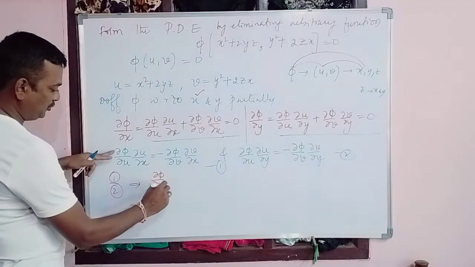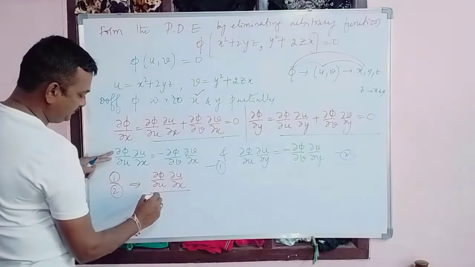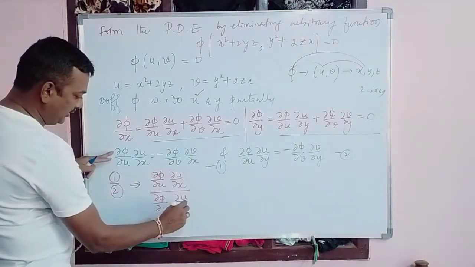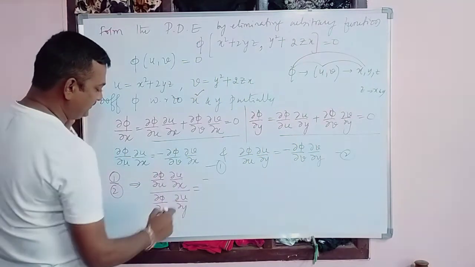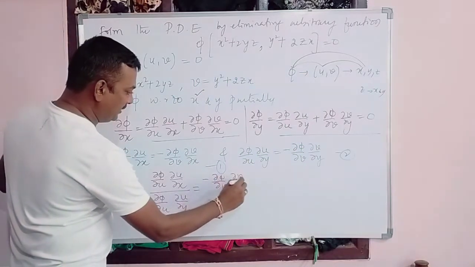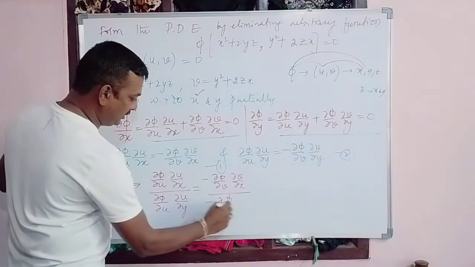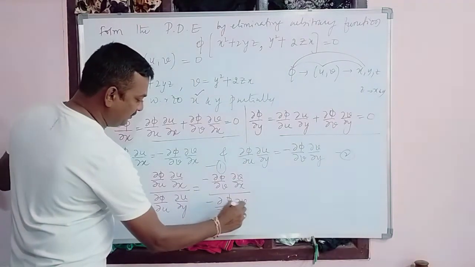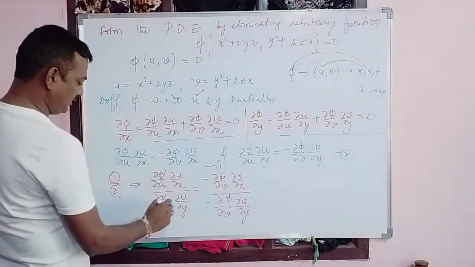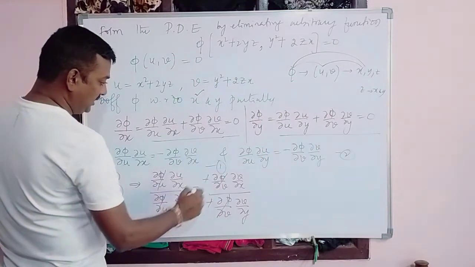Dou phi by dou u into dou u by dou x divided by dou phi by dou u into dou u by dou y is equal to minus dou phi by dou v into dou v by dou x divided by minus dou phi by dou v into dou v by dou y. So dou phi by dou u and dou phi by dou v get cancelled.